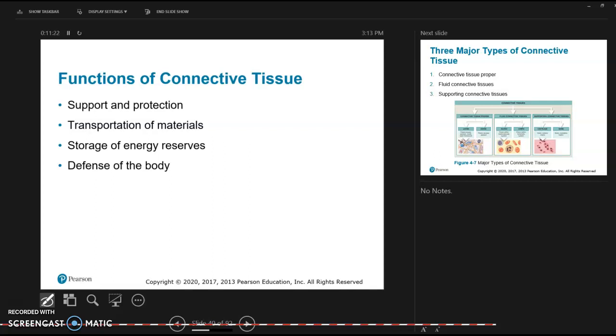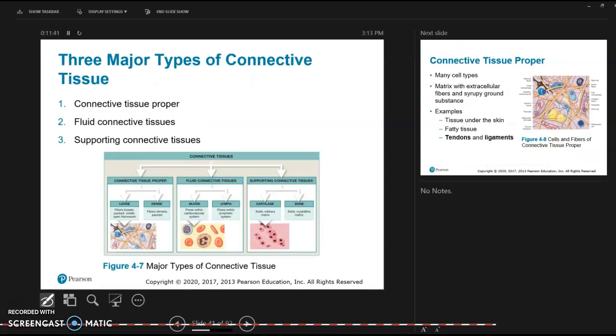Storage of energy reserves. Energy can be stored in fat, in adipose tissue, and it can also be stored in bone marrow. Defense of the body, that would be the lymphatic tissues. And lymph is a connective tissue.